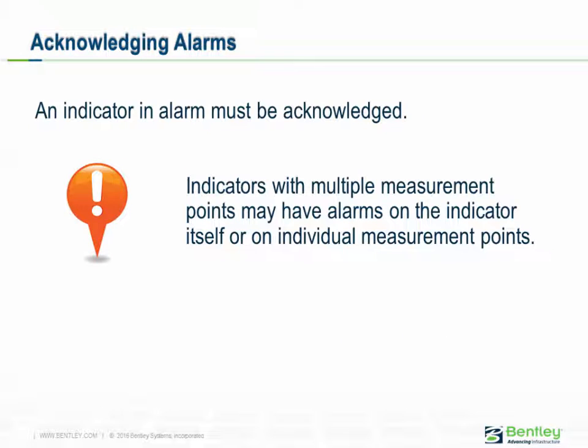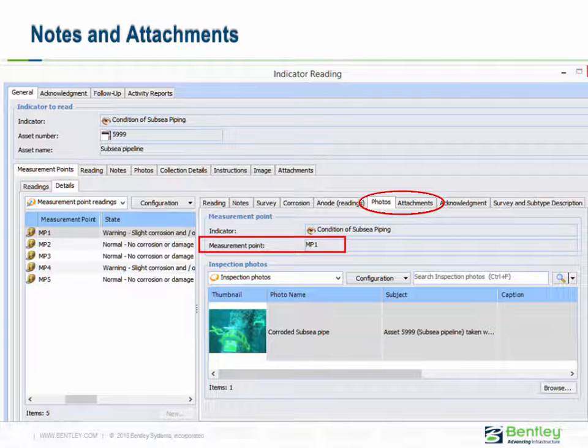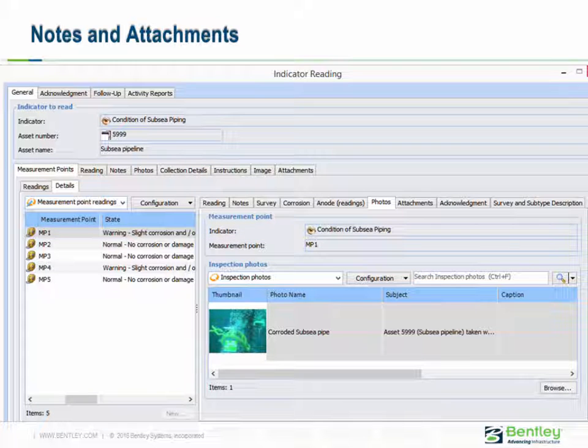As noted previously, indicator alarms can be tracked and acknowledged on a measurement point level. Notes and attachments, including inspection photos, can be added to an individual measurement point reading. This information is useful to those who review inspection results and to those who will plan any follow-up work noted as part of the inspection and alarm acknowledgement.